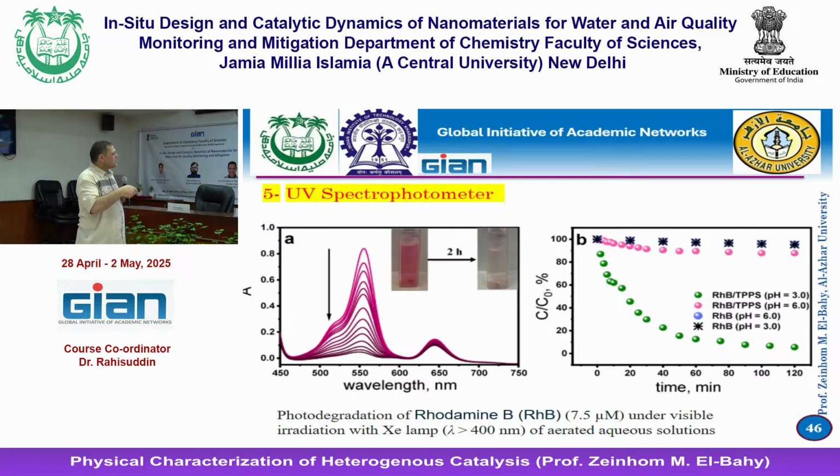After starting the reaction, the concentration will decrease, as you can see on the right-hand side. The concentration of green will decrease like this. This is concentration with time. And here on the left side, as the concentration decreases, the intensity of absorbance A will decrease like this, and by time it will decrease until it is very low.